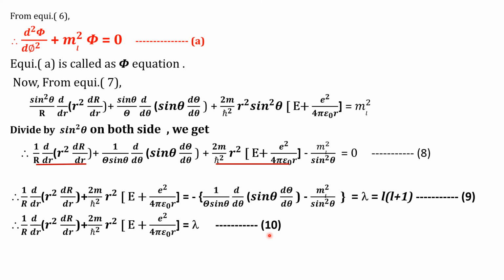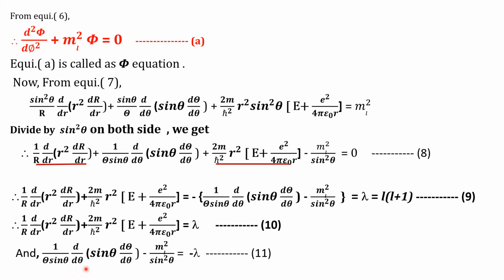Hence, we write equation 10: 1/R d/dr(r² dR/dr) + (2m/ħ²) r² (E + e²/4πε₀r) = lambda. That equation only depends on r, and lambda equals L(L+1). This is equation number 10.